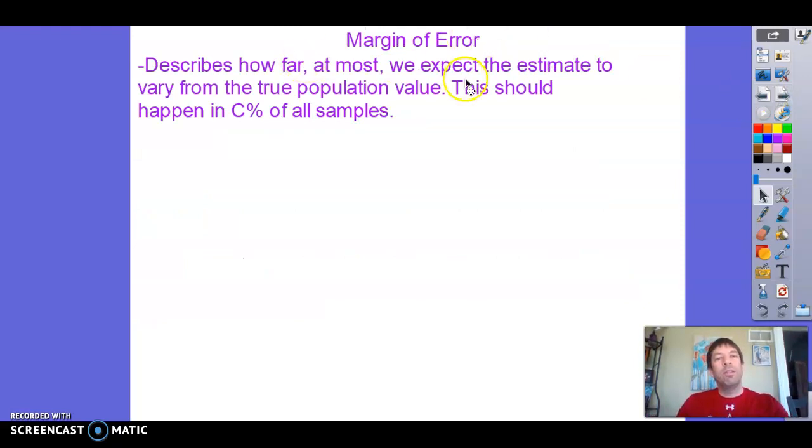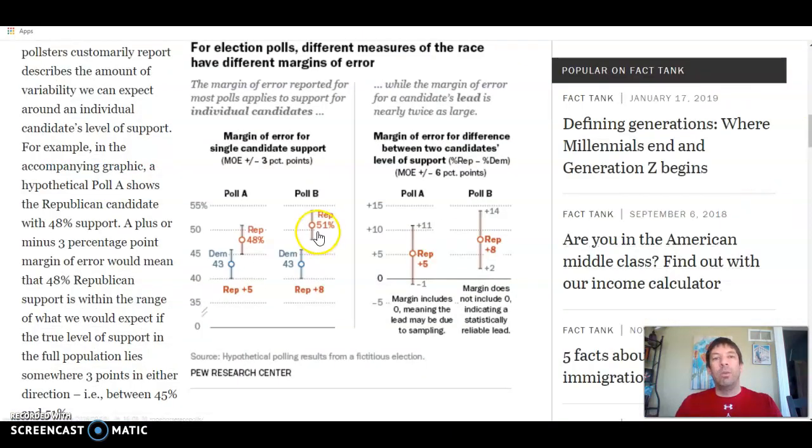Okay, so what is the margin of error? Well, the margin of error describes how far we would expect the estimate to vary from the true population. Okay, so as an example here, we have an article from Pew Research, and they did this fictional polling here. So this is not a real poll, but in poll A, the Democratic candidate received 43% and the Republican candidate received 48%.